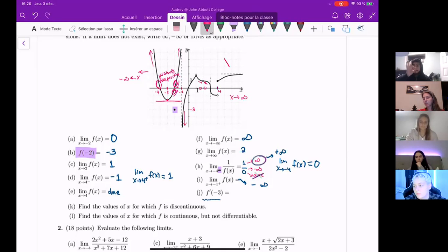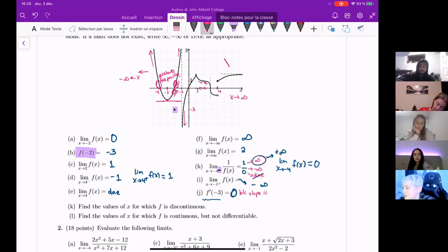What is the slope of a horizontal line? Yeah, you got it. So the value is -1.5, but this is f prime. It's not f. So the slope of a horizontal line is just 0. And this is because slope is 0 at -3.